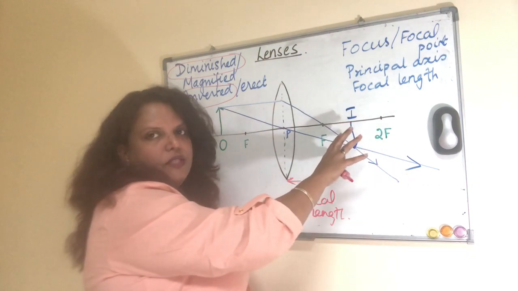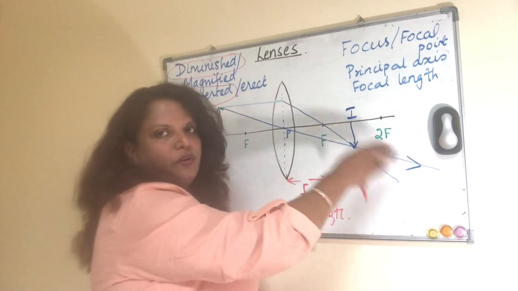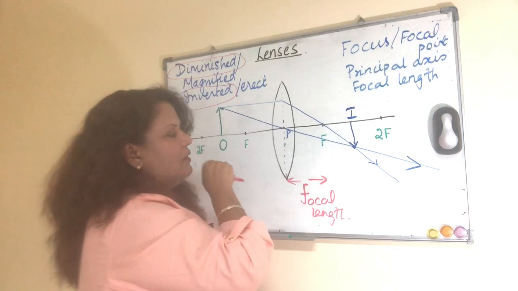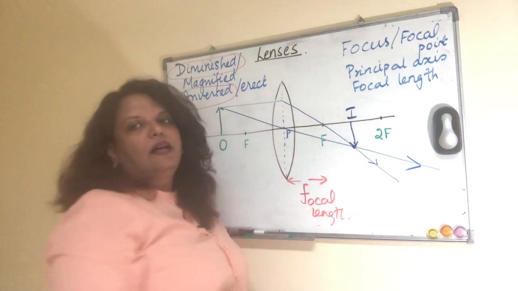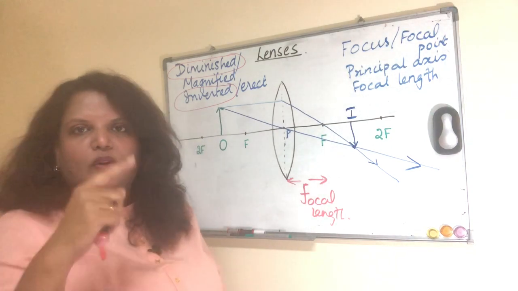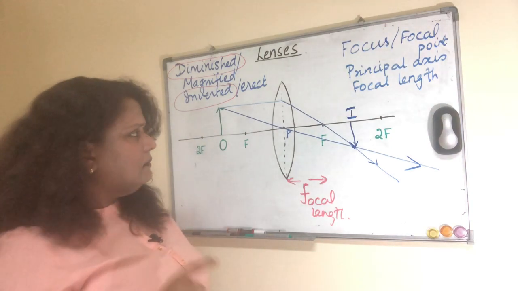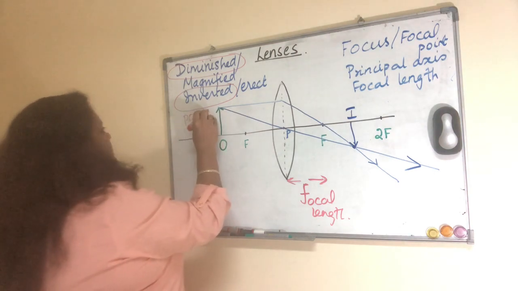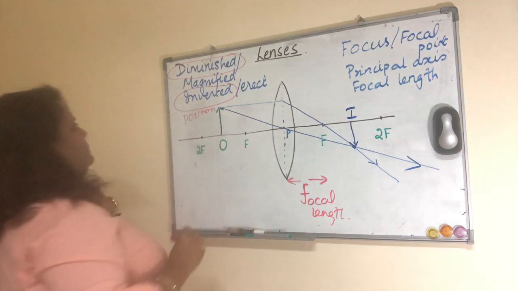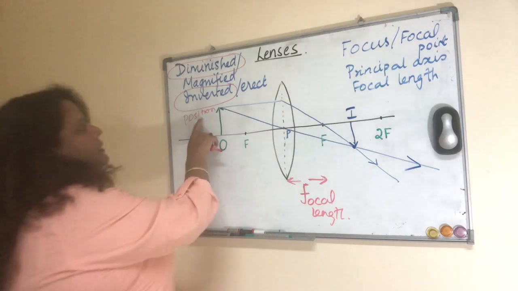The object is here, the image is formed on the other side of the object. And where exactly is it formed? Beyond F on the other side, beyond the focal point on the other side. So that's your position, the third property.